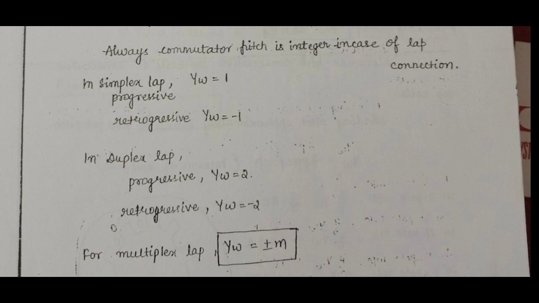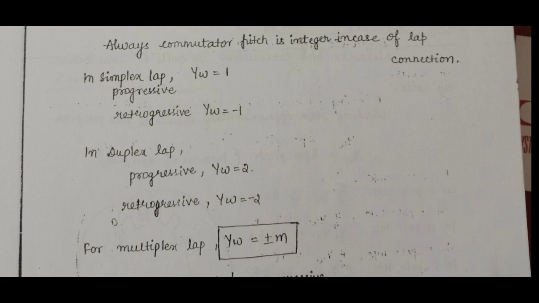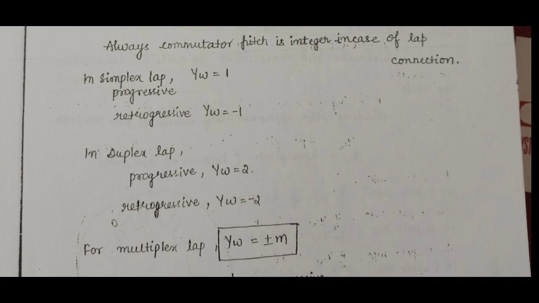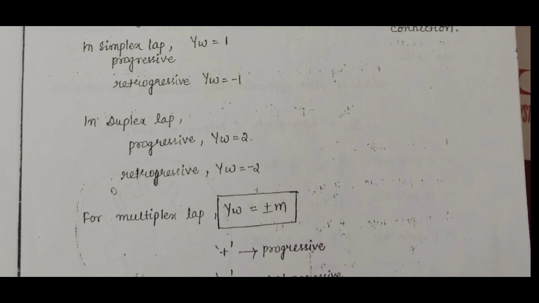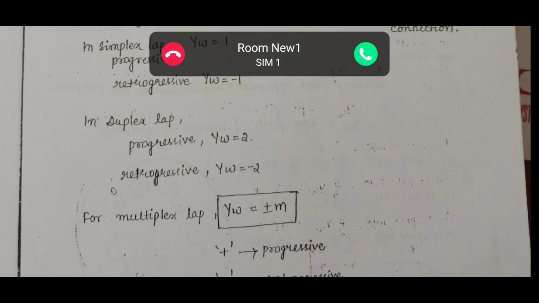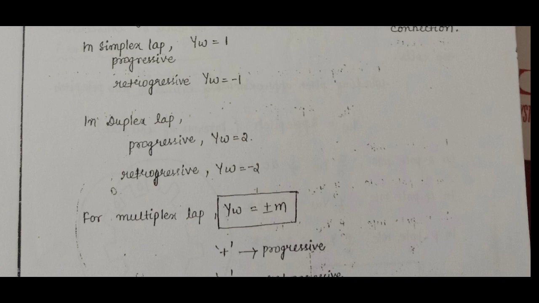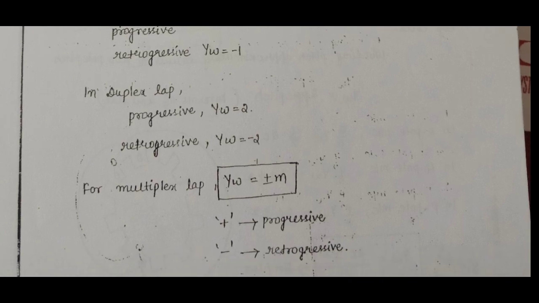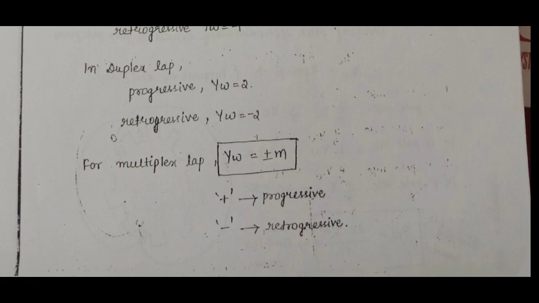In simplex lap, YC equals 1 for progressive and minus 1 for retrogressive. In duplex lap progressive winding, YC equals 2, retrogressive YC equals minus 2.